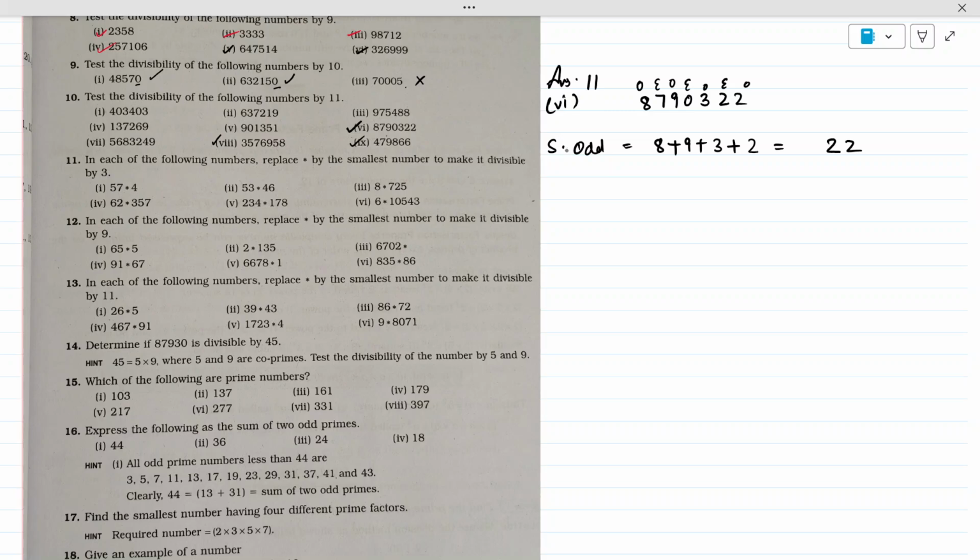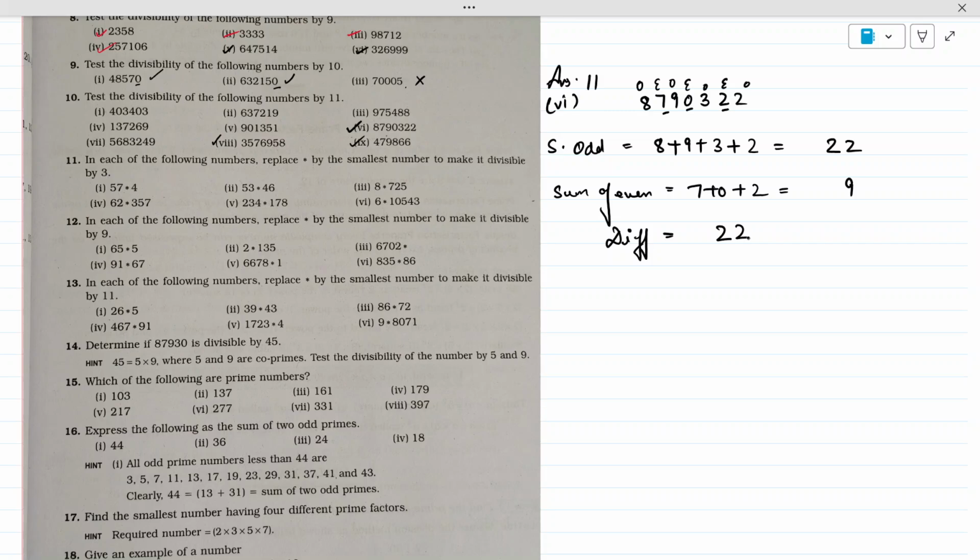And this is the sum of odd. Now the sum of even is 7 plus 0 plus 2, which is 9. So these two are the sum of the odd digits and the even digits. Now we have to find the difference between them.